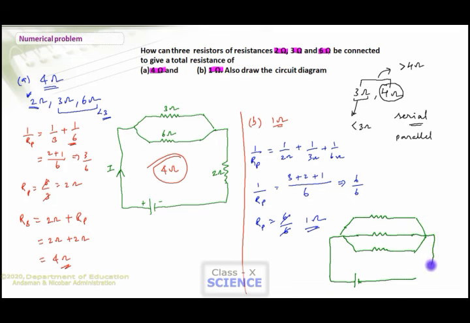Then finally, this is our positive terminal, this is the negative terminal, this is the direction of flow of electric current. Now here we have to write the values. Here we write 2 ohm, this is our 3 ohm and this is our 6 ohm. So when we combine all these 3 resistors parallelly, then the total resistance we get is 1 ohm.